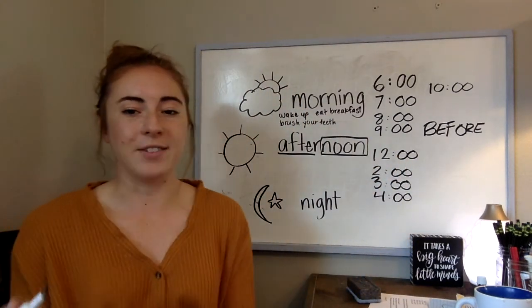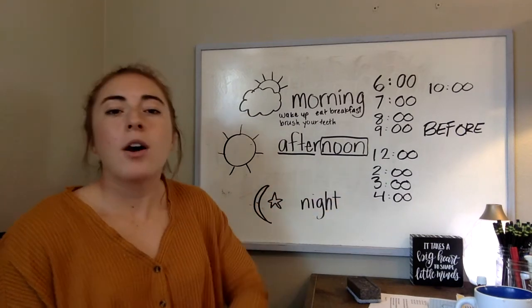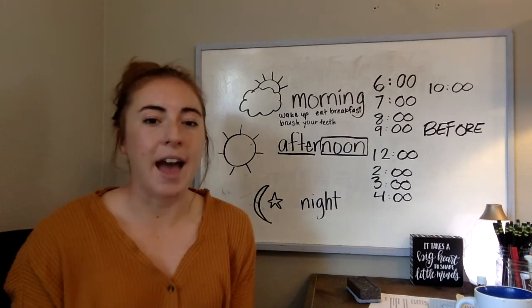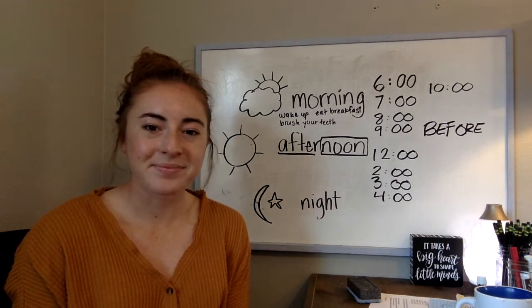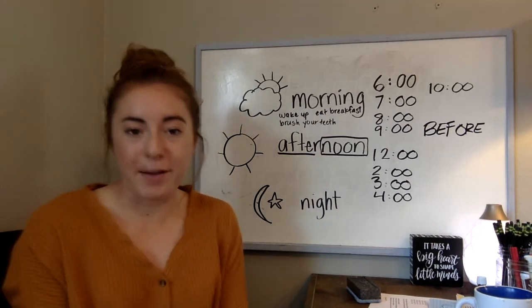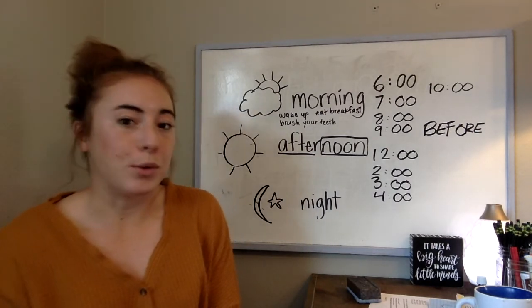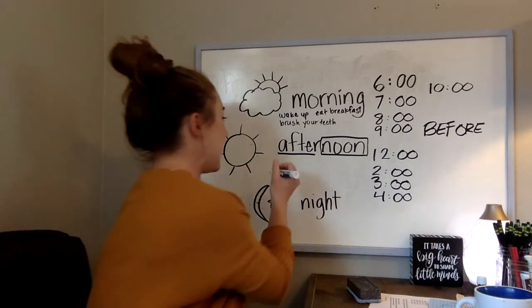These are the activities that Mrs. Brown does in the afternoon. What are activities that you do in the afternoon? Can you think of any? Maybe you usually come home from school in the afternoon. Maybe you go outside in the sunshine. Maybe you take a nap.